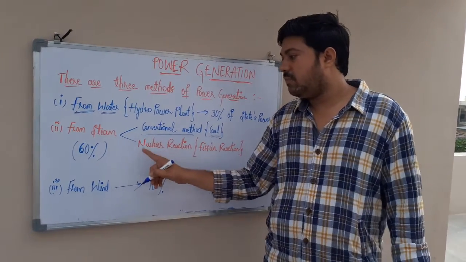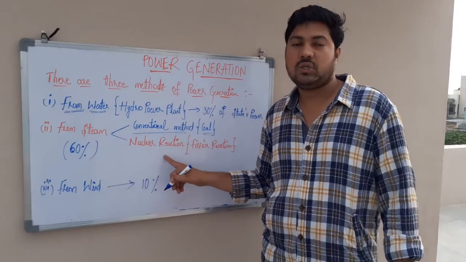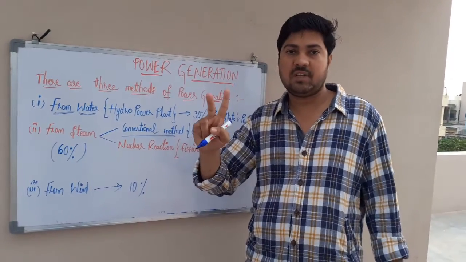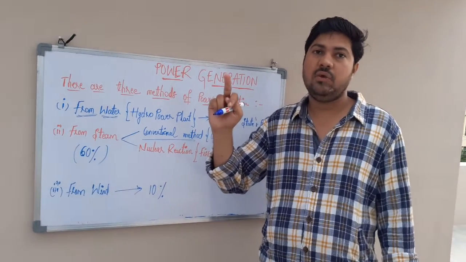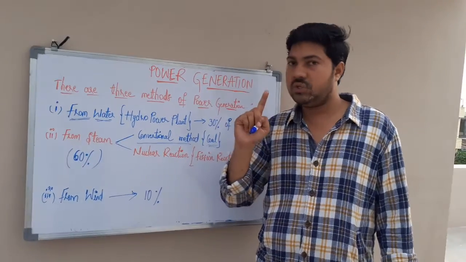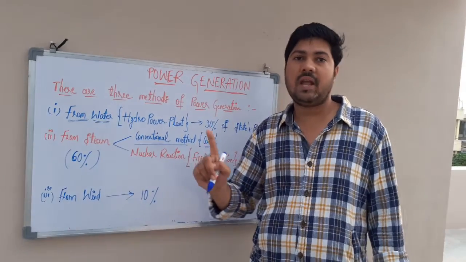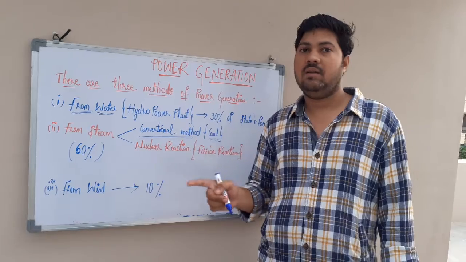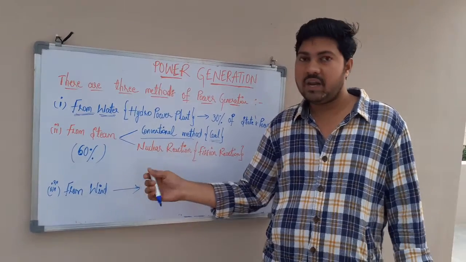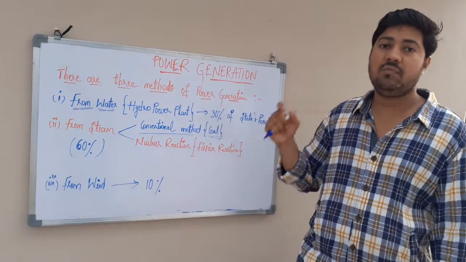And the second method is nuclear reaction. We know that there are two types of nuclear reactions: nuclear fusion reaction and nuclear fission reaction. Nuclear fusion takes place in stars like the sun, but here, in order to generate power, we use nuclear fission reaction.